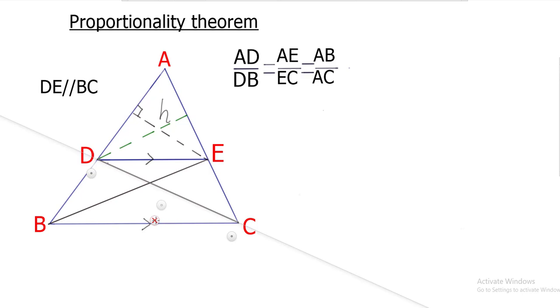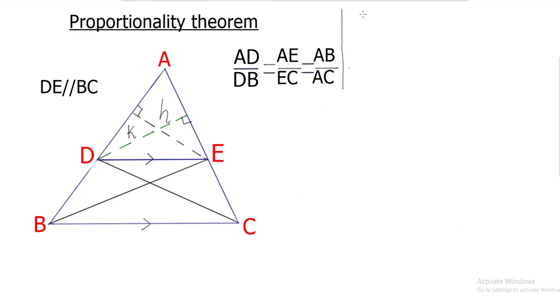So now we have a triangle EDC, but the height is still K. This height, we call it K. So once you have this, it becomes easier. What I'm going to do here, now I have to prove this. So what you do first, you have to calculate the area of all these triangles.